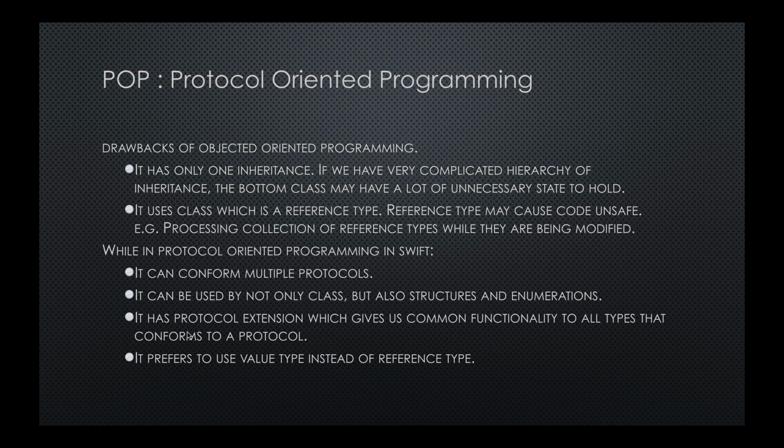And then it has protocol extensions. The main feature of protocol oriented programming is that you can write extensions to protocols, and write common functionality in that extension, which will be available to all the classes which adopt your protocol. Protocol oriented programming also prefers value types instead of reference types, so it saves you from this reference type problem as well.